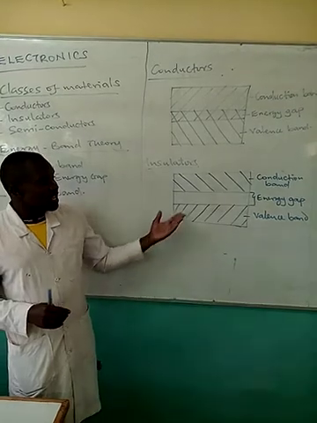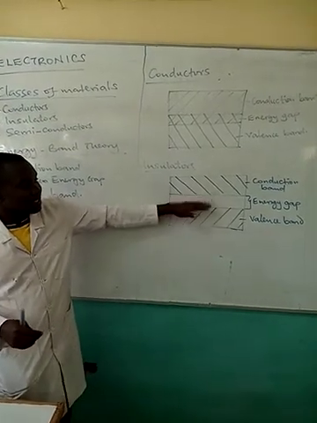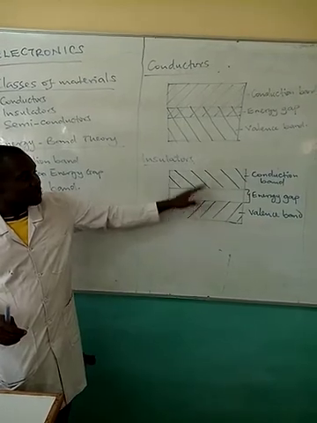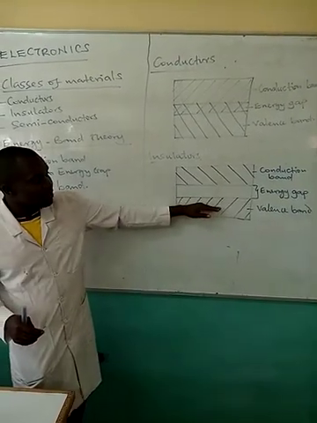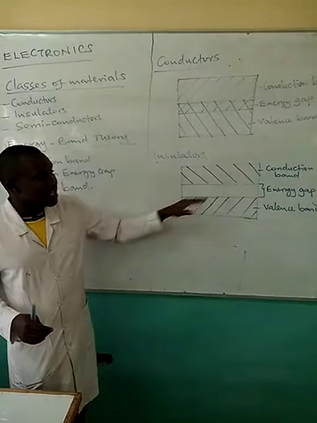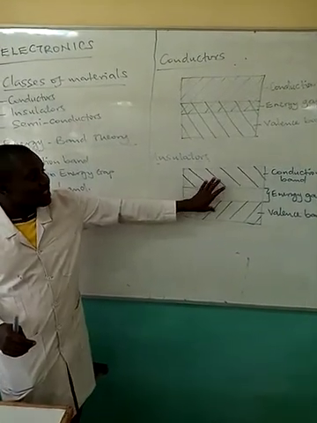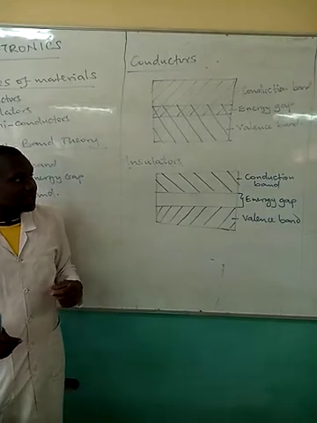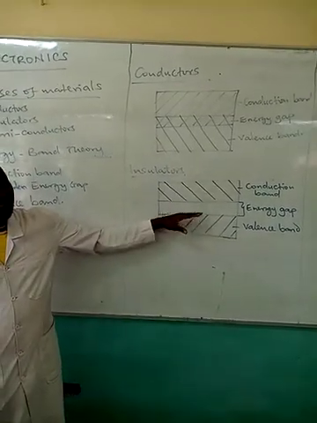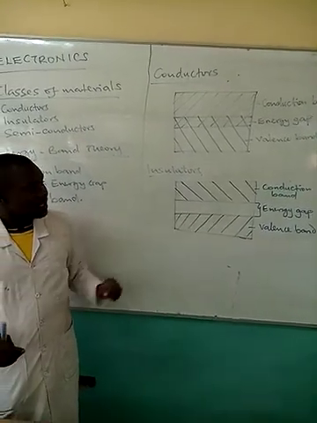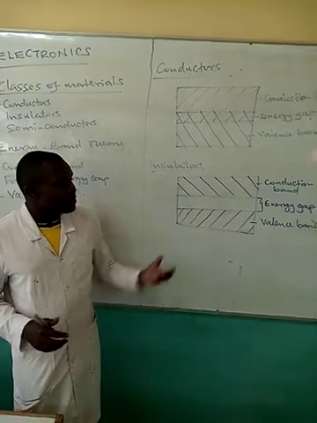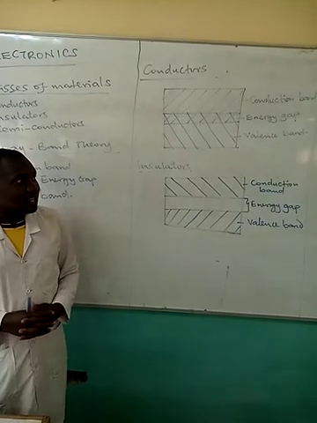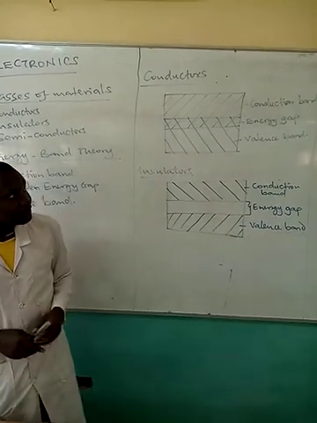At the end of the day, the wide gap bars the electrons from moving from the valence band to the conduction band, and whenever there is no net movement of electrons, the material will not conduct, and that's what we refer to as an insulator. So an increase in temperature does not affect its electrical conductivity. Doping, or addition of impurity, also does not affect its electrical conductivity. It will remain an insulator at any temperature.